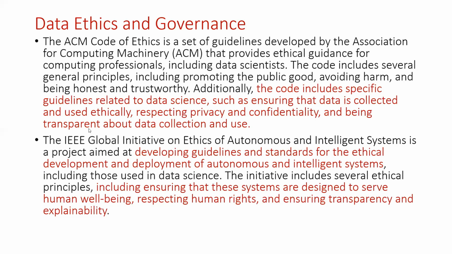Similarly, IEEE has a project aimed at developing guidelines and standards for the ethical development and deployment of autonomous and intelligent systems, with ethical principles including ensuring that systems are designed to serve human well-being, respecting human rights, and ensuring transparency and explainability. These days it is in the news that research on AI and other systems should be postponed for six months.